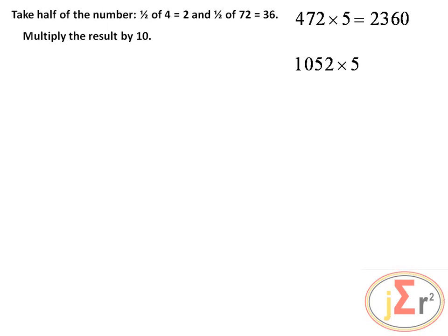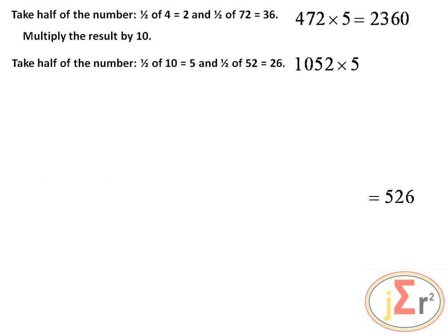Now we have another number, 1052. Take half of the number. A half of 10 is 5, and a half of 52 is 26. And then what do we do? Multiply by 10 by including another 0, or we may say increase by 1 place of decimal.